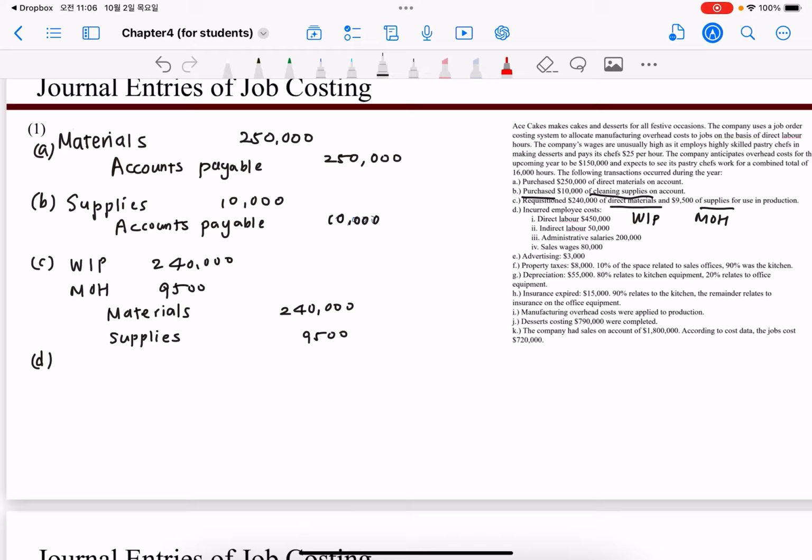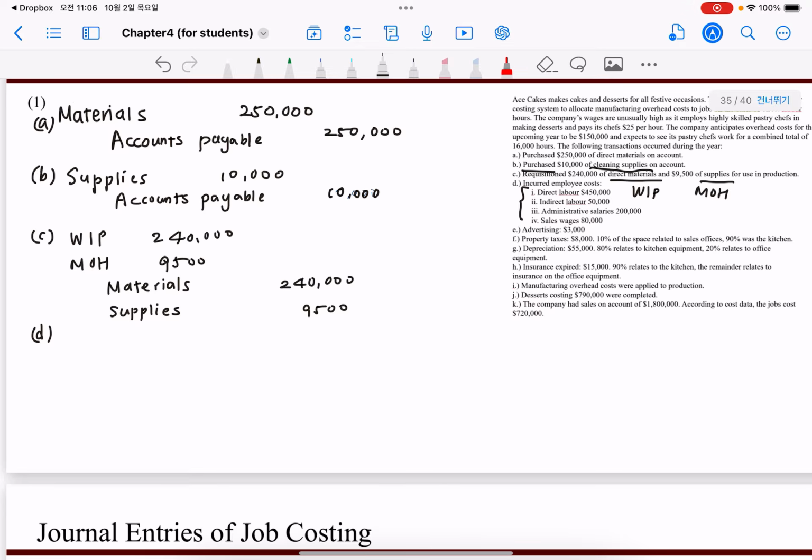And then for D, we have the employee costs. There are 4 different things that we need to adjust. First of all, let's use wages and salaries payable to combine all these.